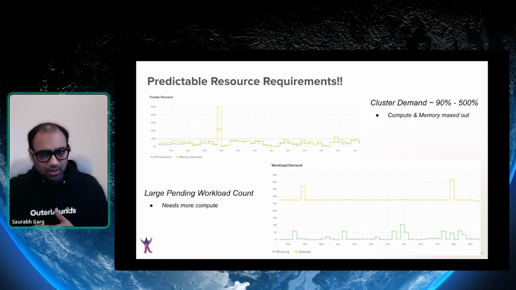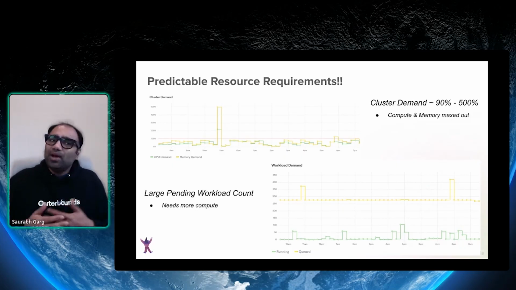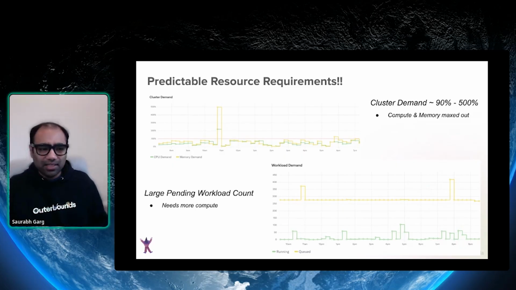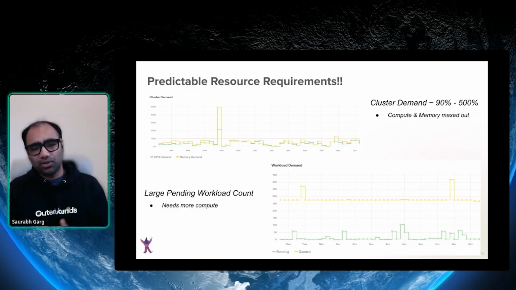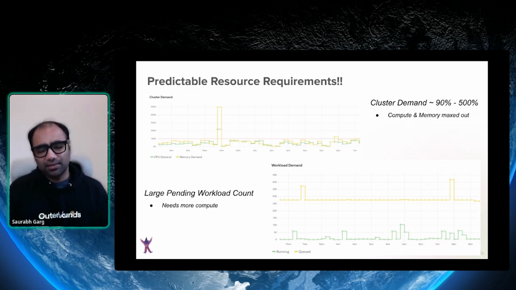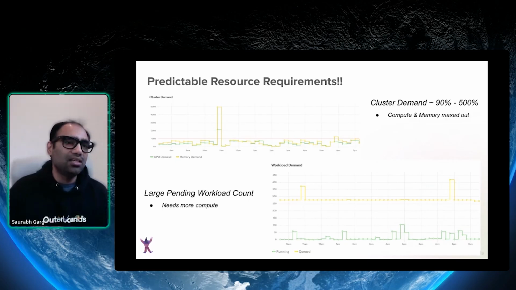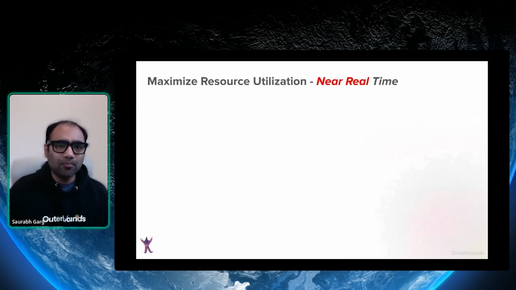Which means your conversations like, "Hey, why did my workload take 25 or 30 minutes?" are going to become more frequent. This also indicates that you need to add more compute to your cluster, so that the workloads can drain quickly enough, and you don't have to have conversations with data scientists.